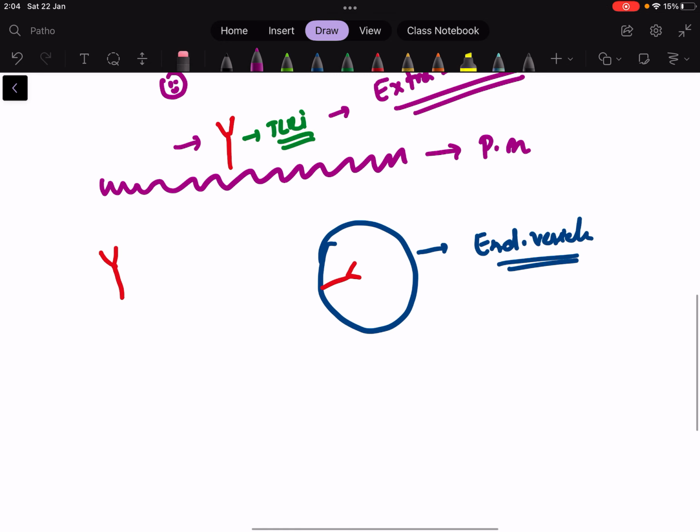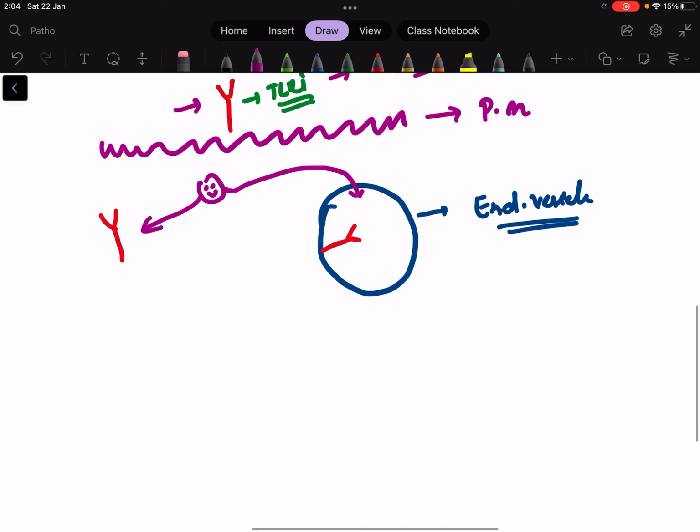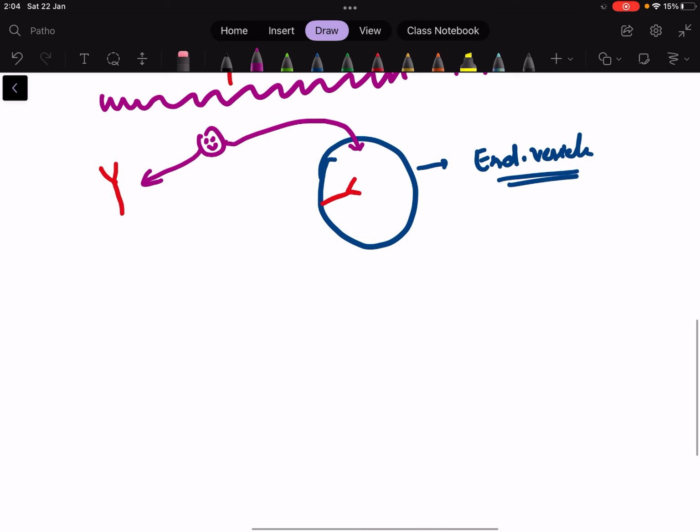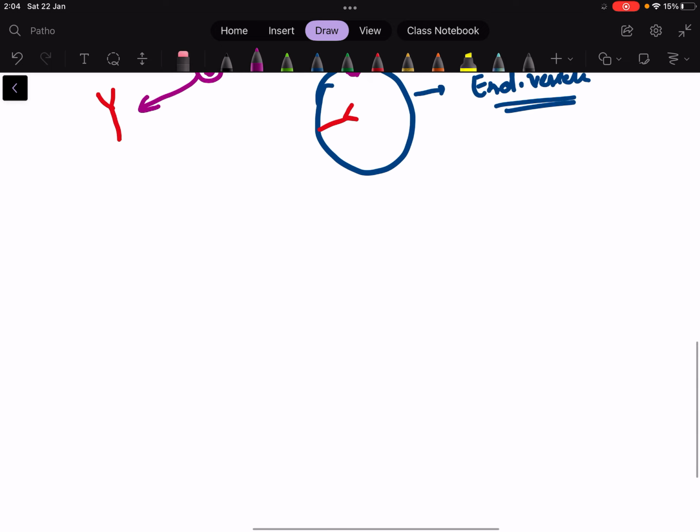Whereas when the bacteria enters the cytosol or inside the cell, it can either get killed by the cytosolic toll-like receptors, or it can enter the endosomal vesicle, and there it can be killed by the toll-like receptors present on the endosomal vesicle. So we will see how the toll-like receptors work.